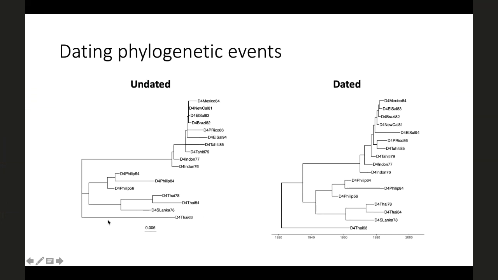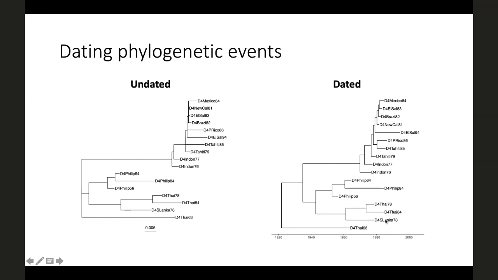So that's a tree where the mutations are in substitutions per site, and you have a scale bar here. Whereas on the right, you have the same sequences, but fit to a timeline. So you have a calendar timeline along the bottom, and here all the tip dates will actually correspond to a point on that, so they're exactly matched.